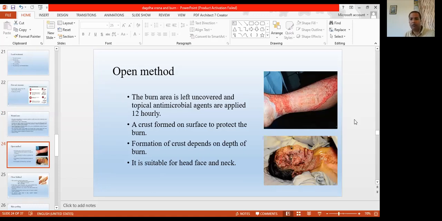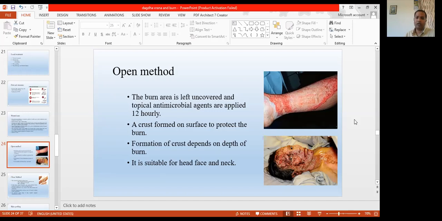From time to time we remove the crust, keep the patient in the burn ward in sterilized conditions, and just apply the local applicants, silver nitrate, silver sulfadiazine. Only topical agents are applied, and we leave the wound as it is, so it epithelizes itself.